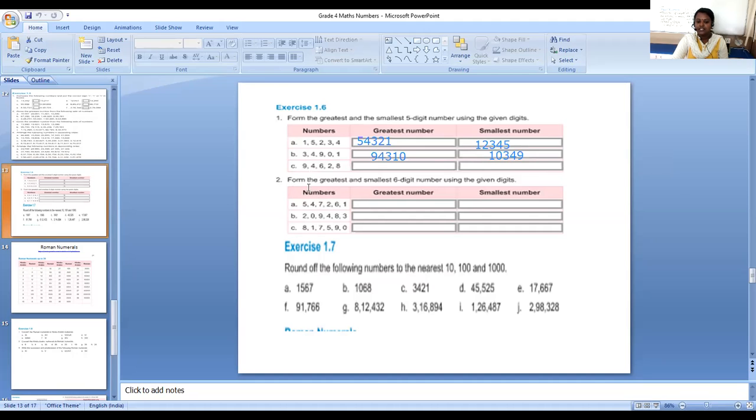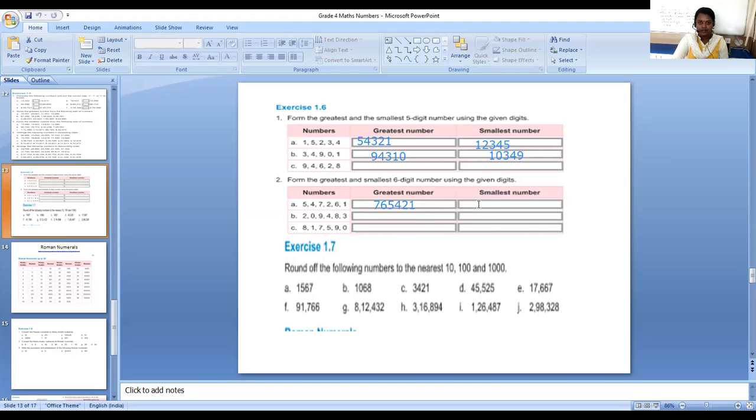Now, the next question is formation of the greatest and smallest 6-digit number. So here we have 6 digits. Accordingly we form the greatest, where the largest of all is 7, followed by 6, 5, 4, 2, 1. So it is read as 7,65,421.